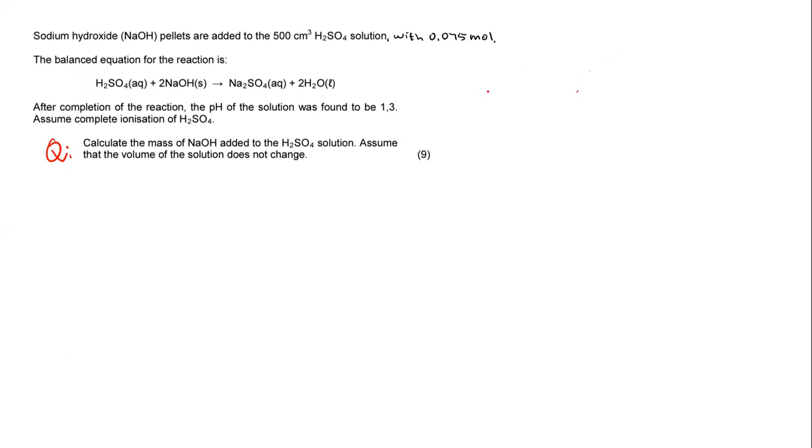Now this beaker has a prepared solution of H2SO4. Okay, our sulfuric acid. Now, the volume of this solution in this beaker is 500 cubic centimeters.